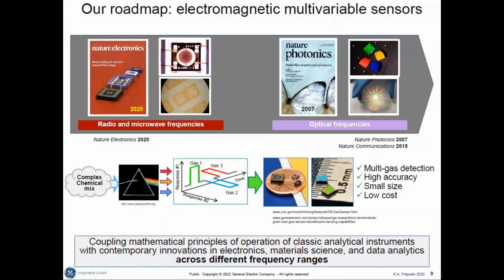Here we show that we are working either in the RF spectral range or at optical frequencies, and my talk today is on optical spectral frequencies. This cartoon shows that we are trying not to be afraid of complex mixes and to push the responses of our sensor in different directions. Mathematically, we are pushing them in different directions.